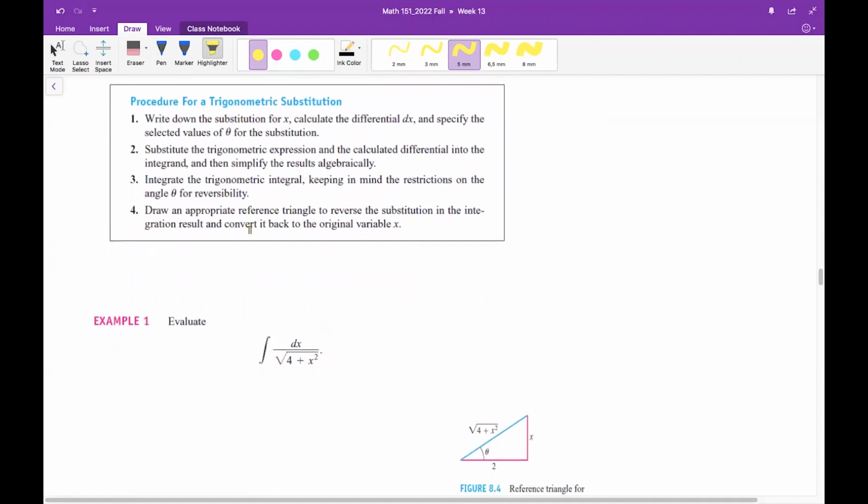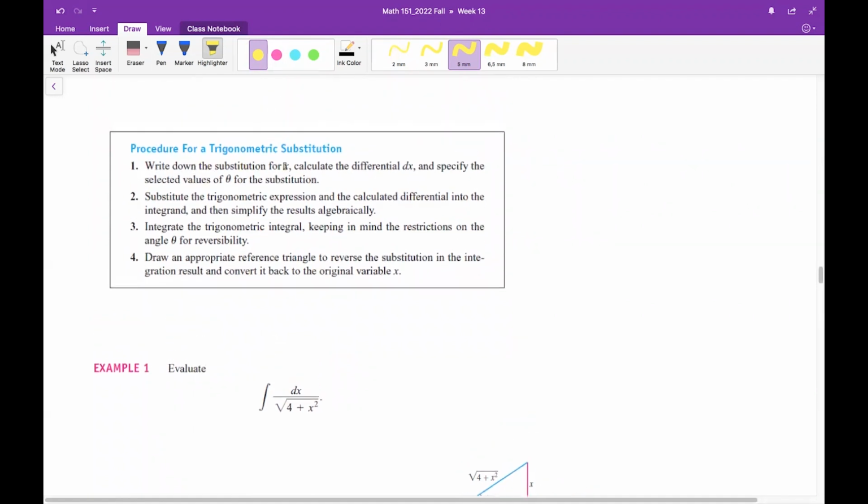To solve integral questions by using trigonometric functions, here are the steps that you should follow. First of all, you write down a substitution for x depending on the trigonometric function that we have covered above.